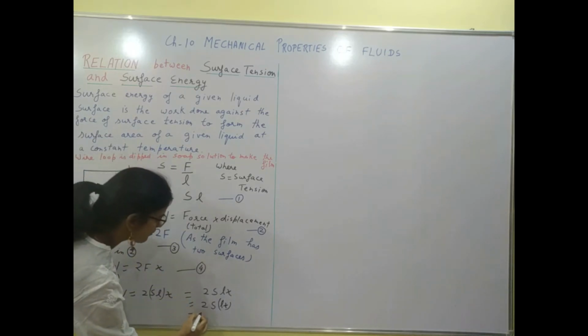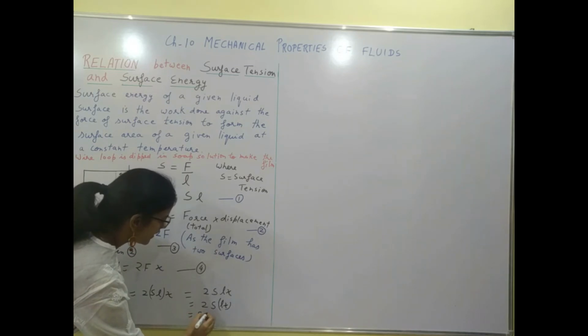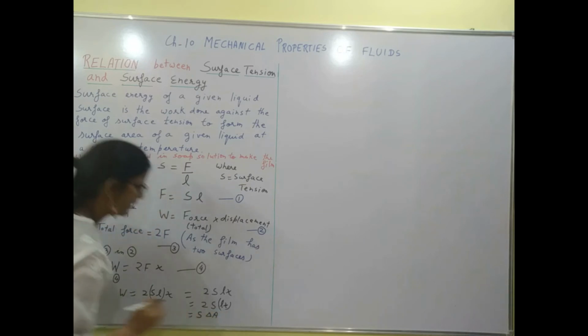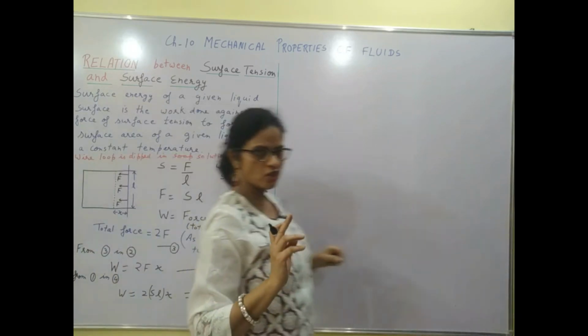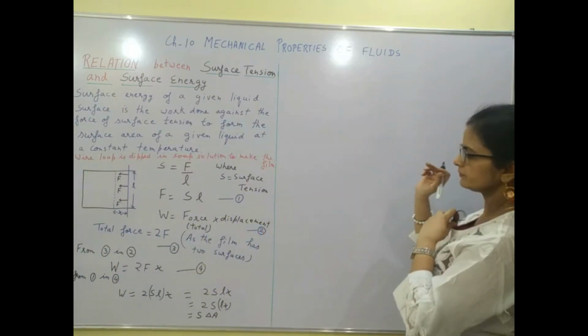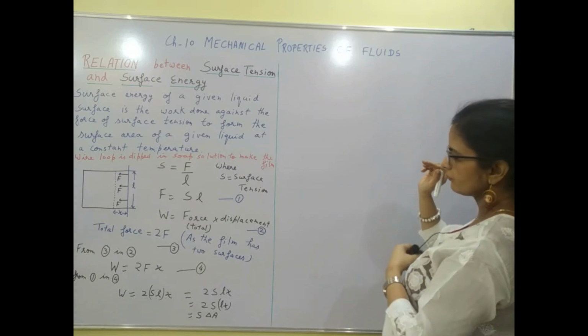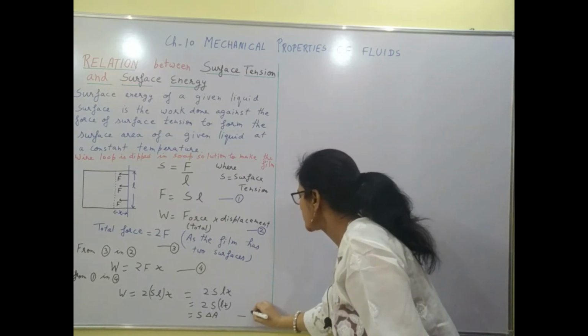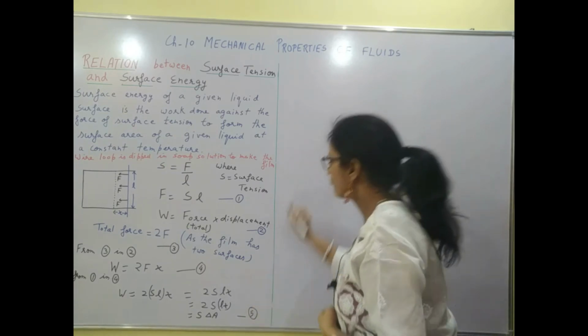So I can simply write S into delta A. This is equation 5.